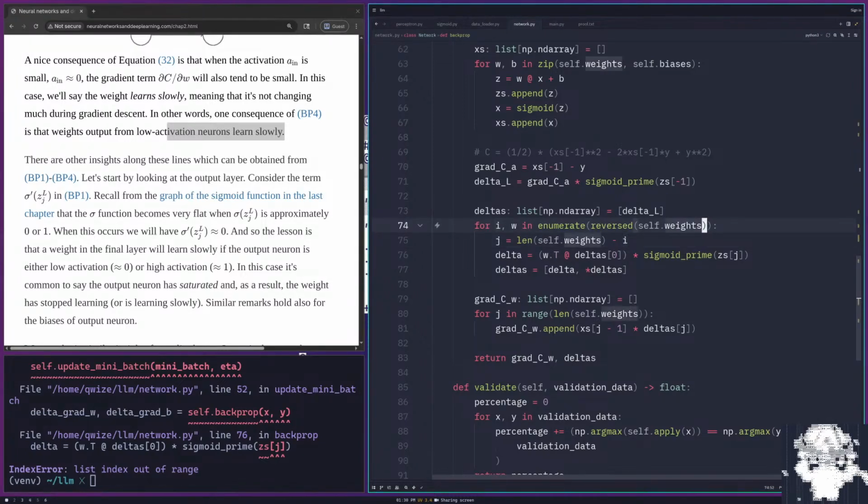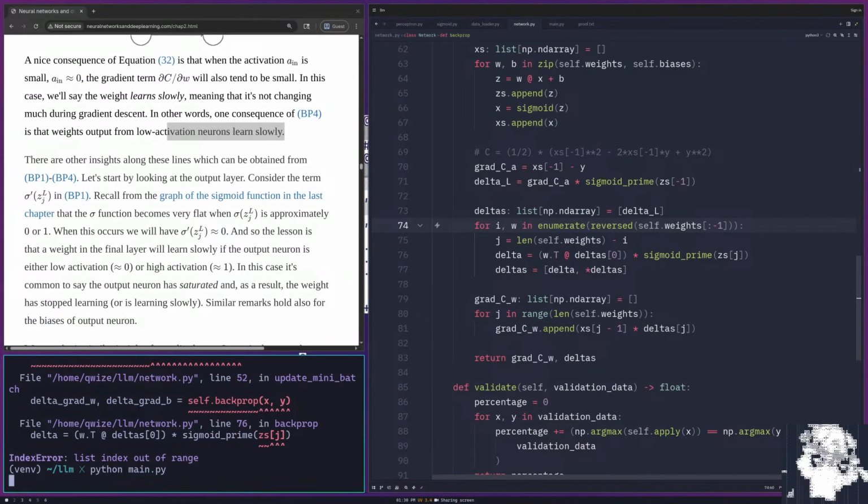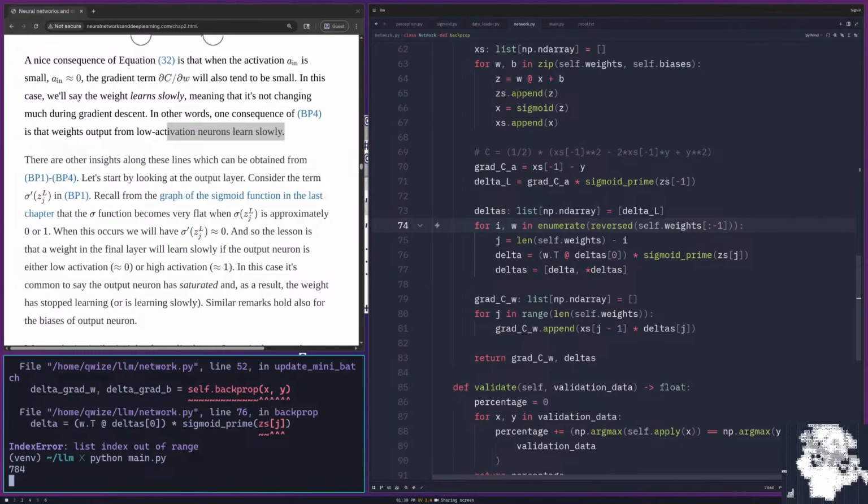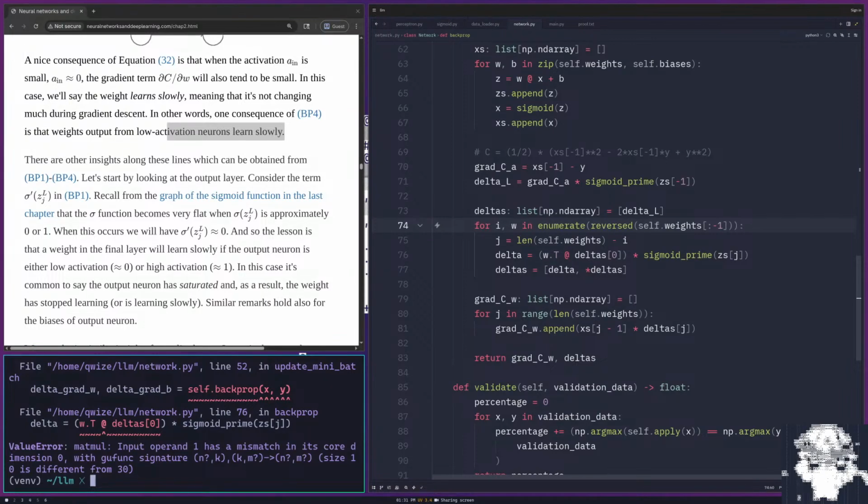Well, I can just not include the last one, which might work, but it's still horrible. I don't know if that works. Let's just try to rewrite this.